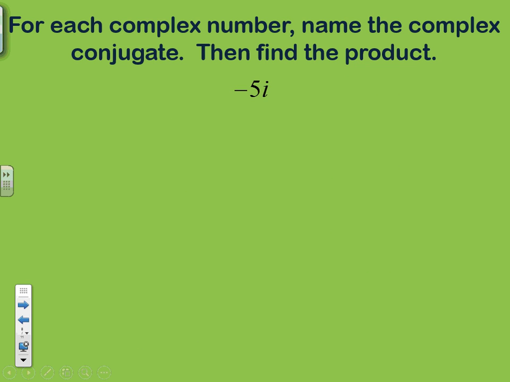So the next example just says, well, find the complex conjugate again, and then multiply it. Well, here, this is just 5i. That's the complex conjugate. So if I multiply those together, I'm going to get negative 5i times positive 5i.